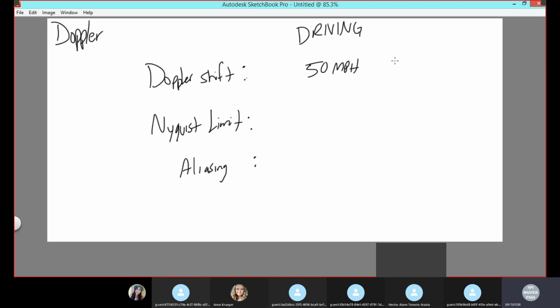So 50 miles per hour, that's a Doppler shift. That's a movement. Every time you get into the car, you have to be aware of your speed limit. Now, granted, if you live in the same neighborhood for a very long time, you don't worry about the speed limit because you already know it.